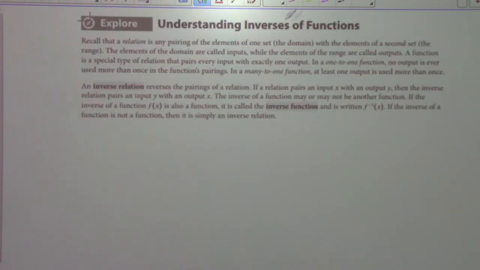So, understanding inverse of functions. A relation is any pairing of elements of one domain with a second set, the range, like an x and y. What an inverse relation does is it reverses the pairings of a relation. It switches x and y. Then we talked about inverse function notation. You see this f negative 1 of x? You saw that in your notes right at the top.